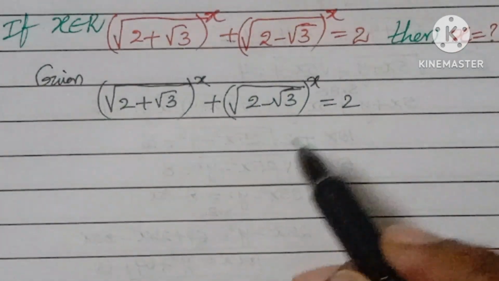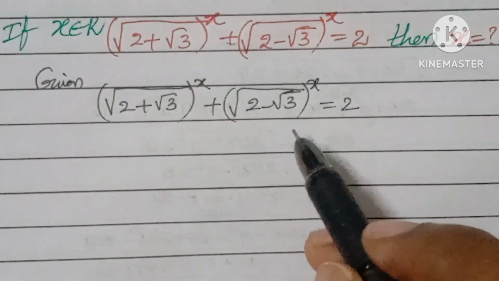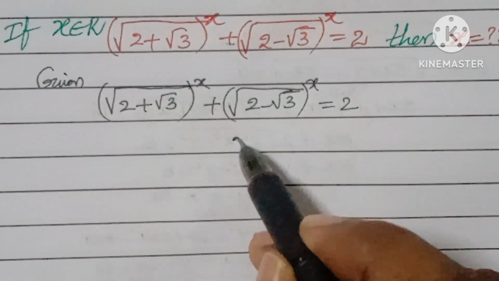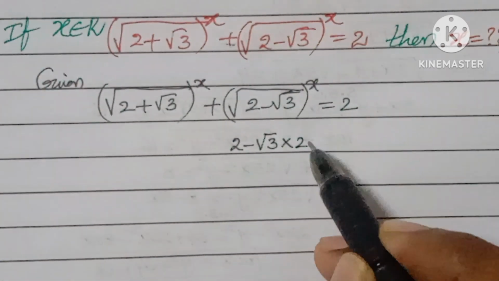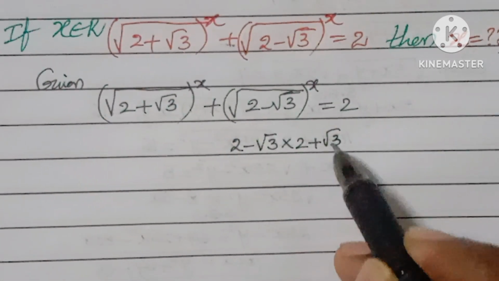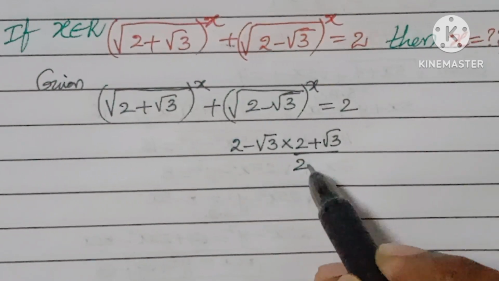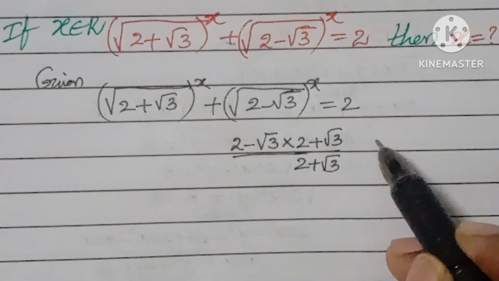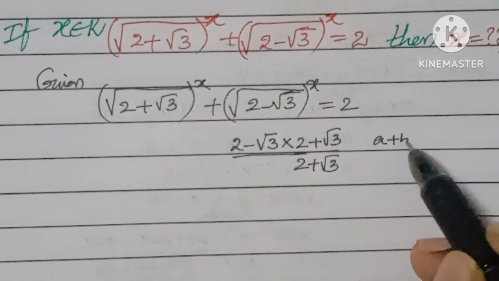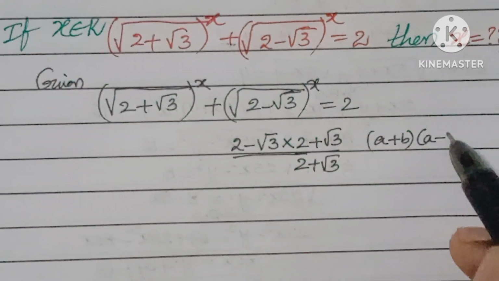If you rationalize 2 minus root 3 with 2 plus root 3 by 2 plus root 3, you are applying the formula (a plus b)(a minus b) in the numerator.